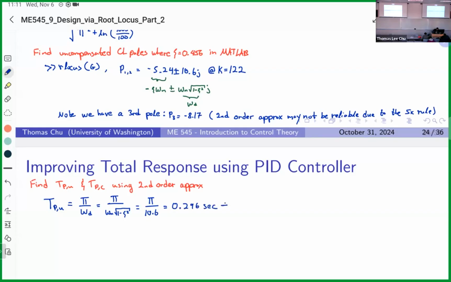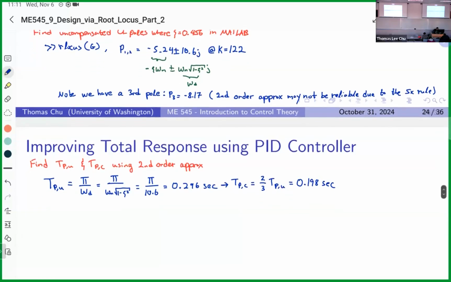From that step, we can see that our compensated time is going to be 2/3 of our uncompensated time, which is 0.198 seconds. Okay.